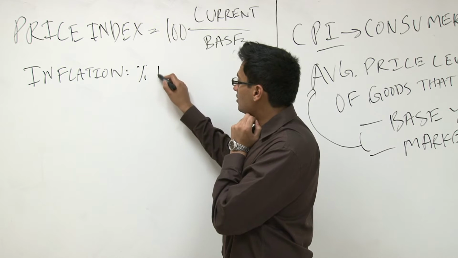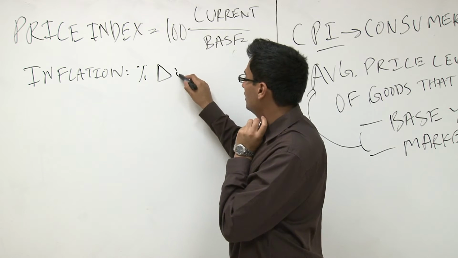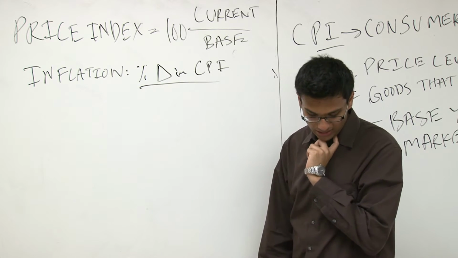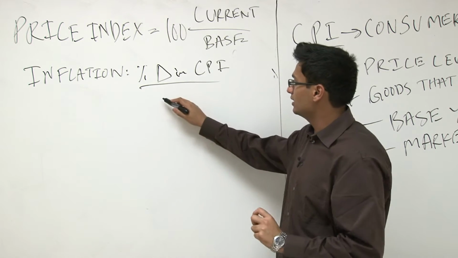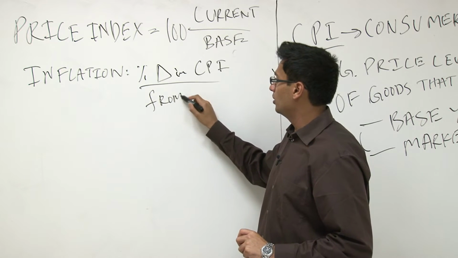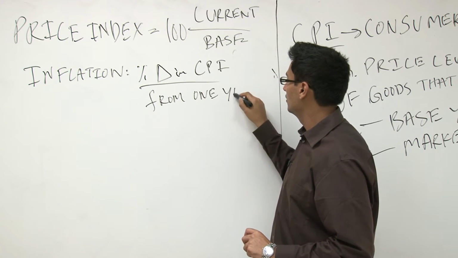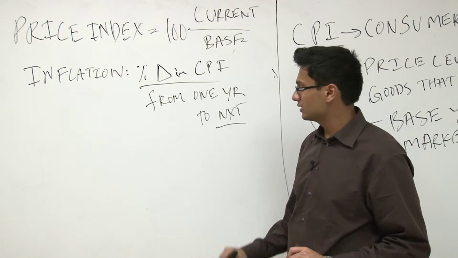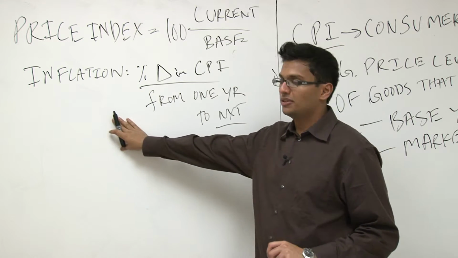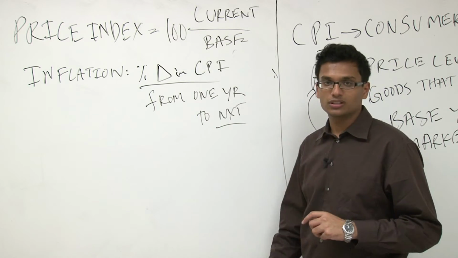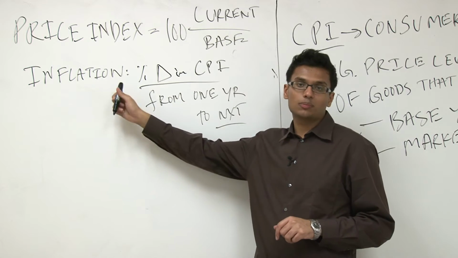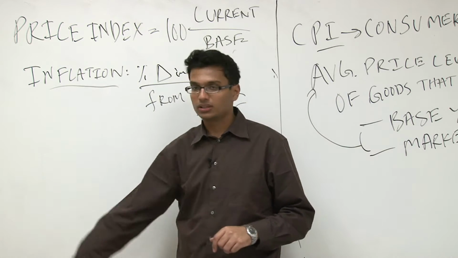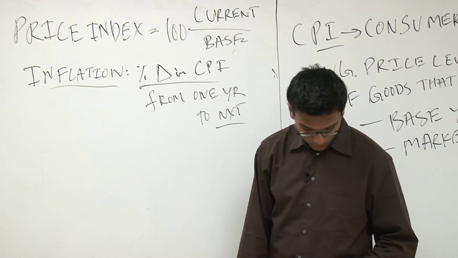So the percent change in CPI from one year to the next is inflation. Obviously these words have been shortened a lot, but you get the point. Inflation is the percent change in the CPI from one year to the other. That's how we measure inflation. Okay, so we're done with that.